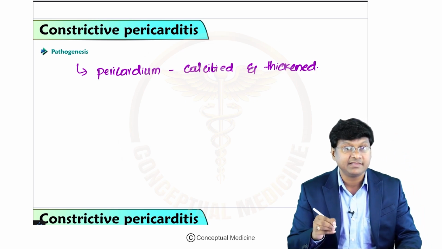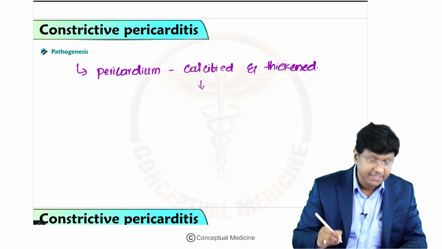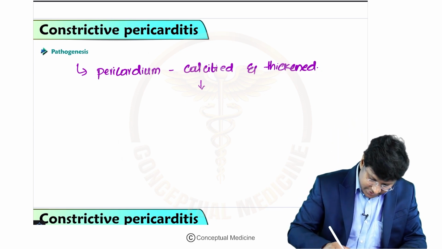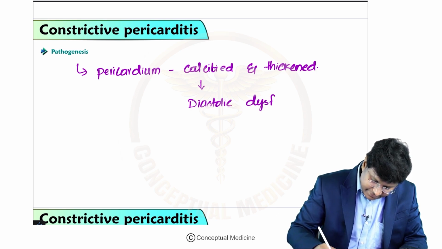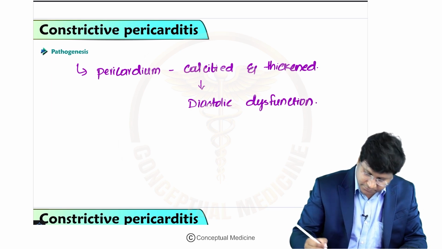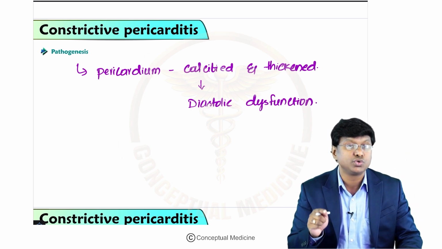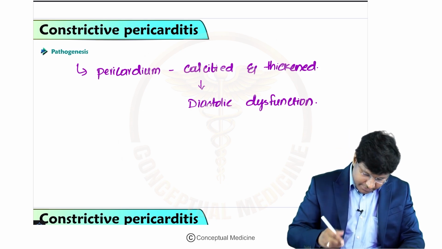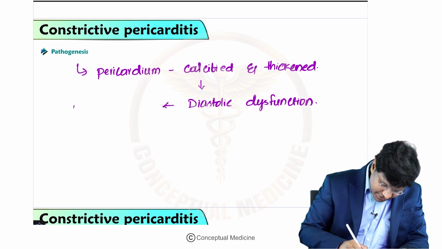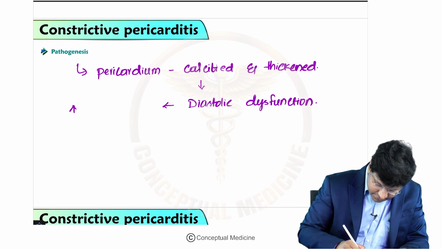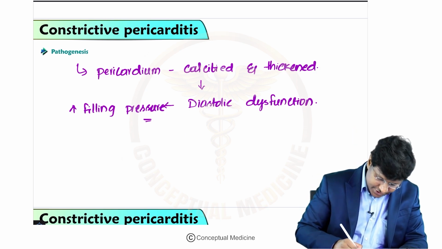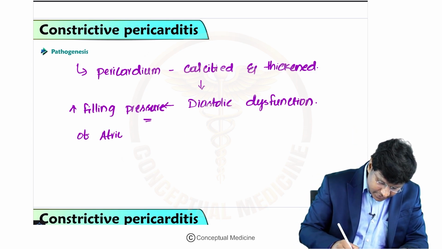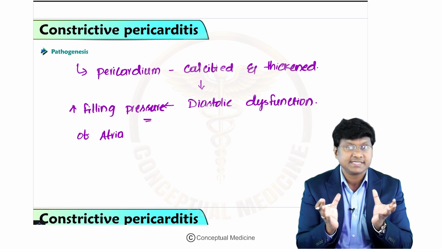Because the pericardium is calcified as well as thickened, there will be development of diastolic dysfunction. Because of diastolic dysfunction, there will be an increase in the filling pressures of the atria, because your ventricle is unable to relax.